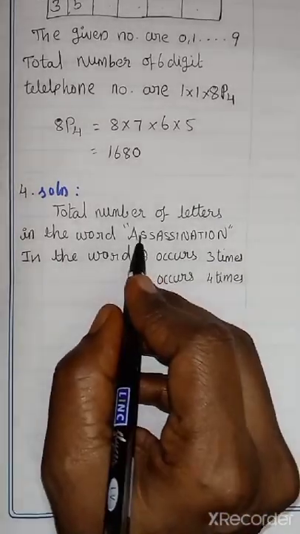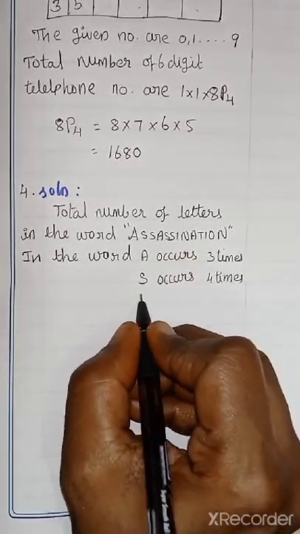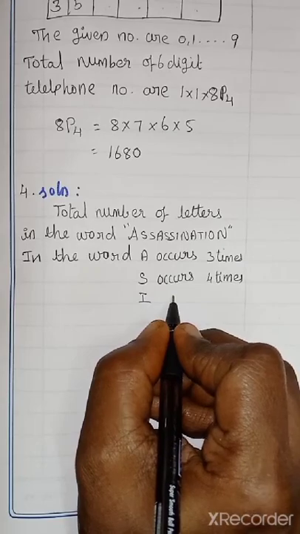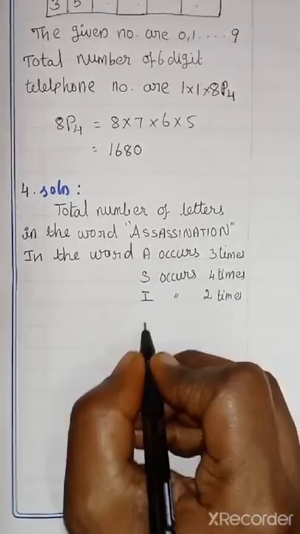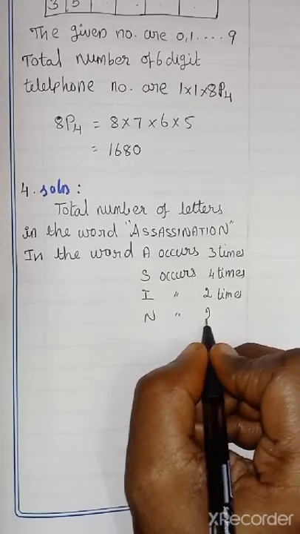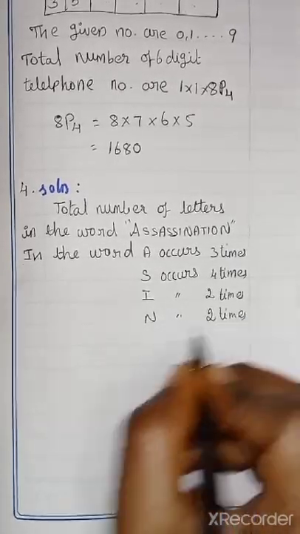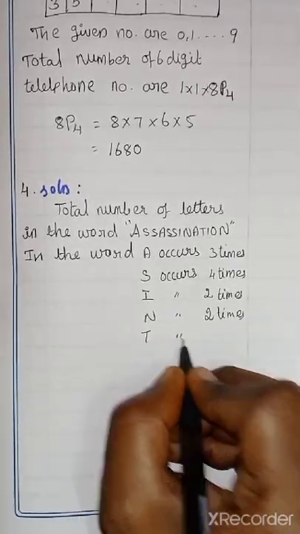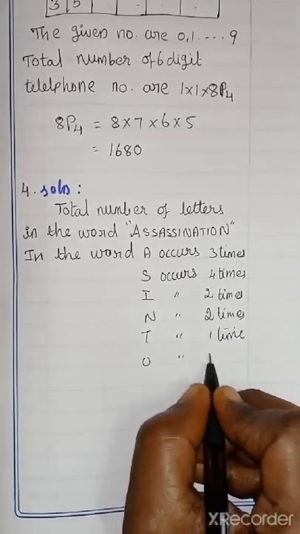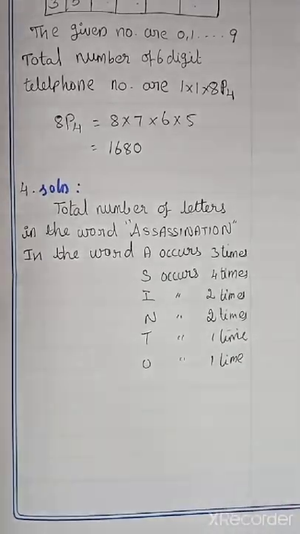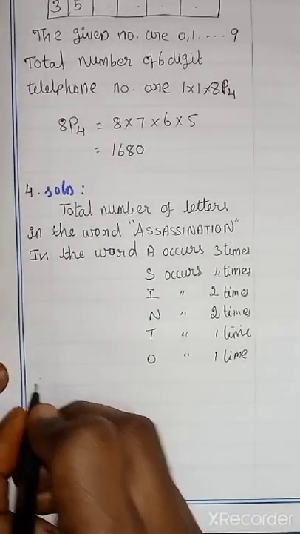Next I occurs 2 times. Next N occurs 2 times. Next T occurs one time, and similarly O occurs one time. Correct?